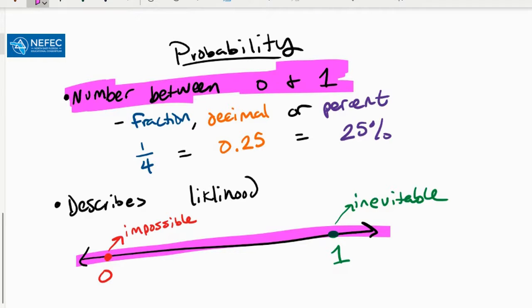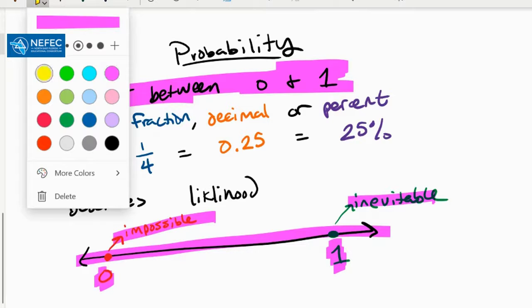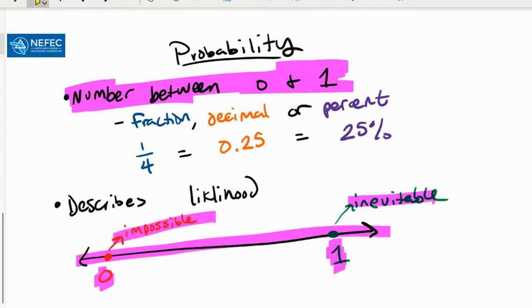If the probability of an event happening is 0, that means that event is impossible. If the probability of an event is 1, that means that event is inevitable. That event will happen. I like to think of probability as a value that describes the likelihood, and again, that value is a number between 0 and 1, where 0 is impossible and 1 is inevitable.